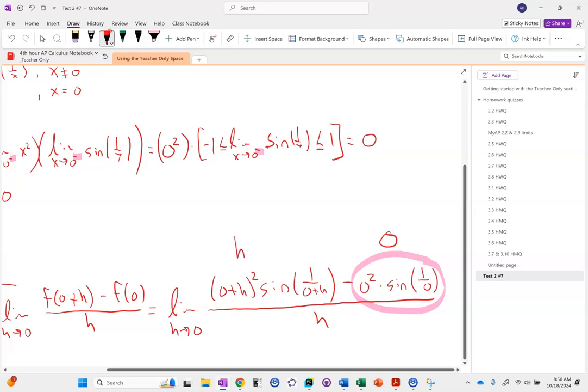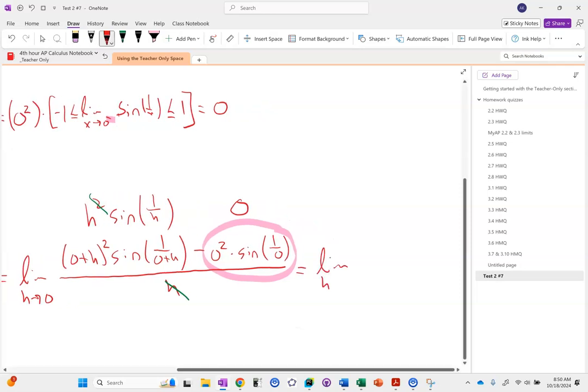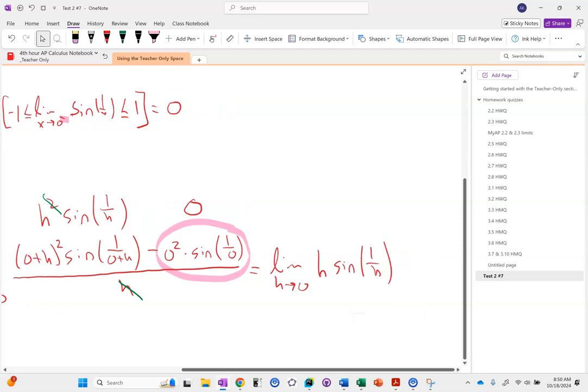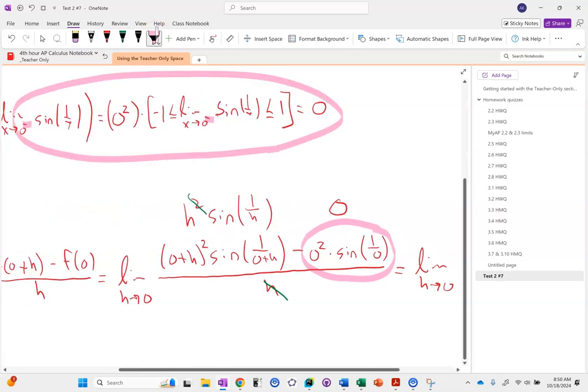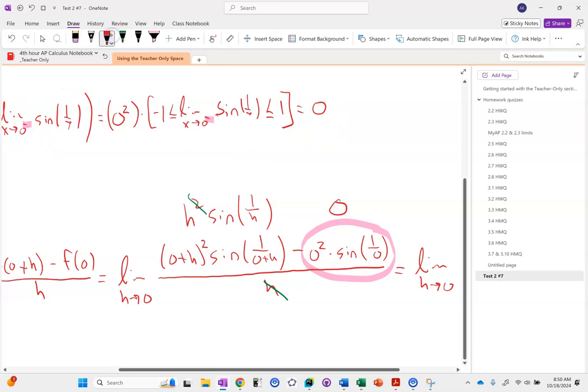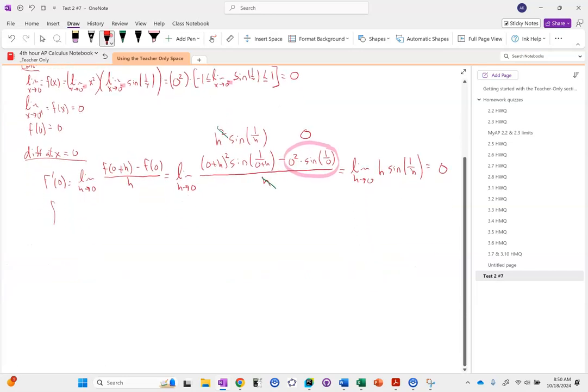So the rest of this simplifies to h squared sine of 1 over h over h. The 0 minus 0 doesn't really matter. I reduce that. So I have the limit as h approaches 0 of just h sine 1 over h, which again is the same issue that we saw back here. We know that's just 0. So we know f is differentiable at 0, specifically that f prime of 0 is equal to 0.